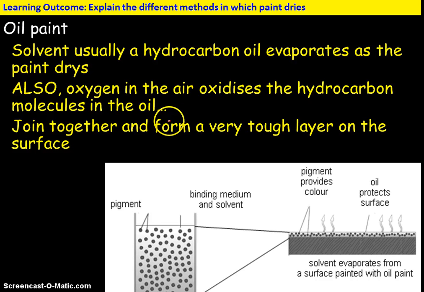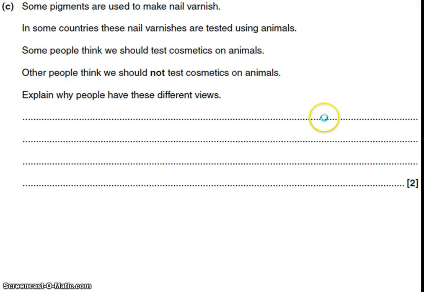So because the solvent is a hydrocarbon oil, that will evaporate, but then the hydrocarbon will oxidize with the air. That just means it reacts with the air. So this is the key word that you had to have in your answer, that in an oil-based paint, when it dries, it oxidizes, and the oil is oxidized. You can still say that some of the oil evaporates first, but this is the key point that you had to have for an oil paint.